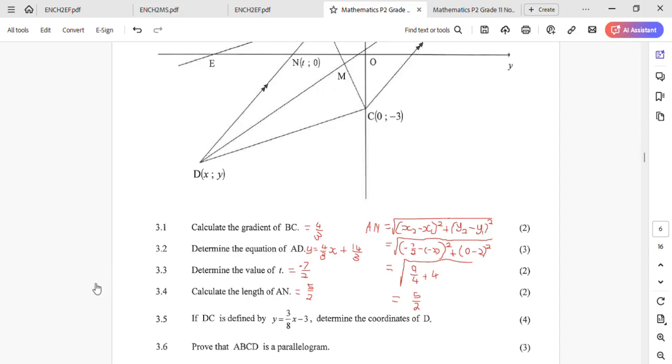So this is the square root, brackets, minus 7 over 2, minus, minus into minus 2. Okay, all this is squared.